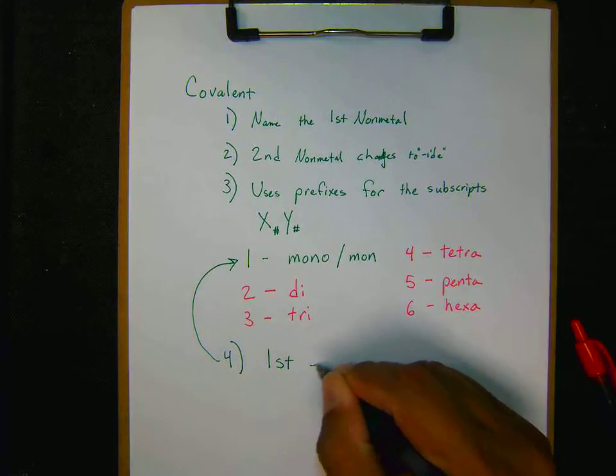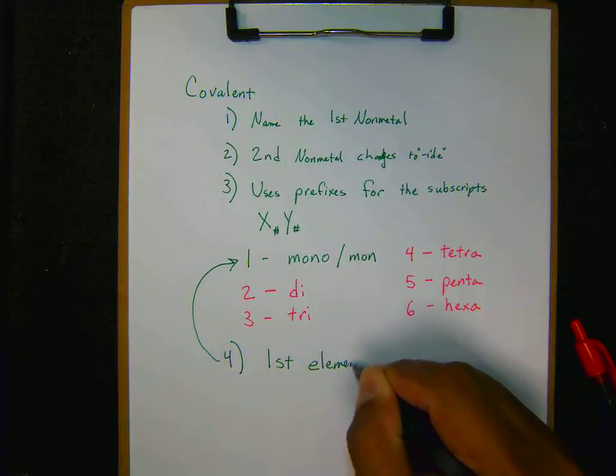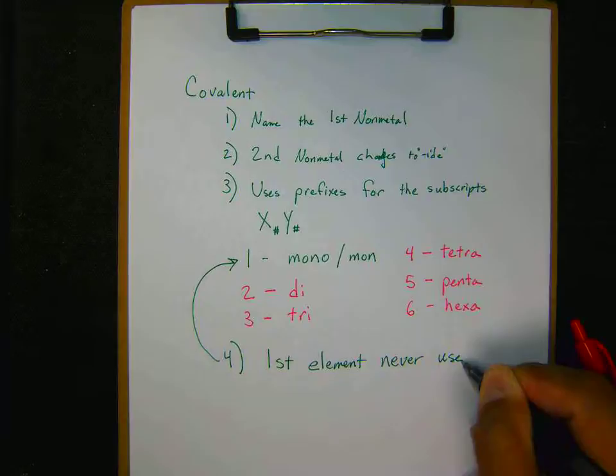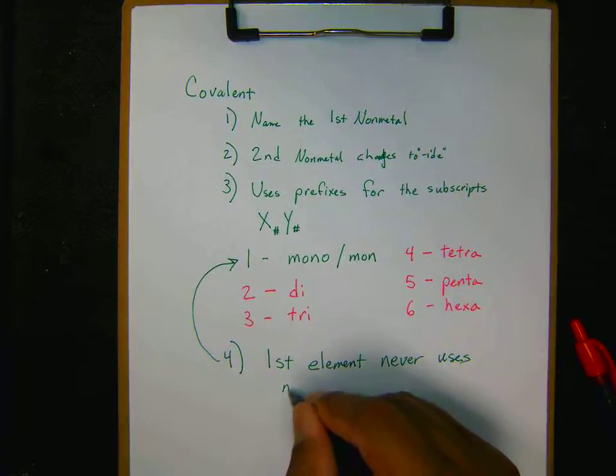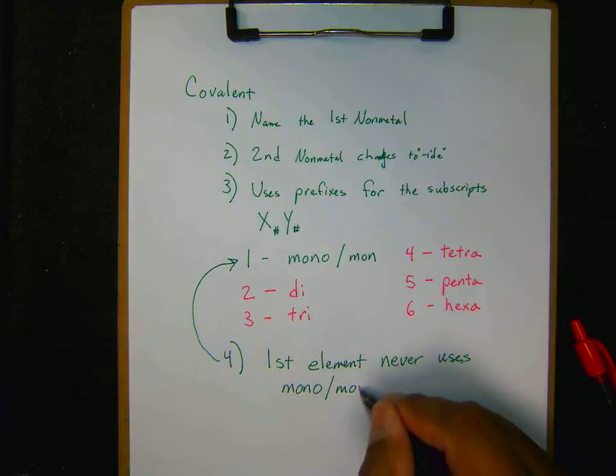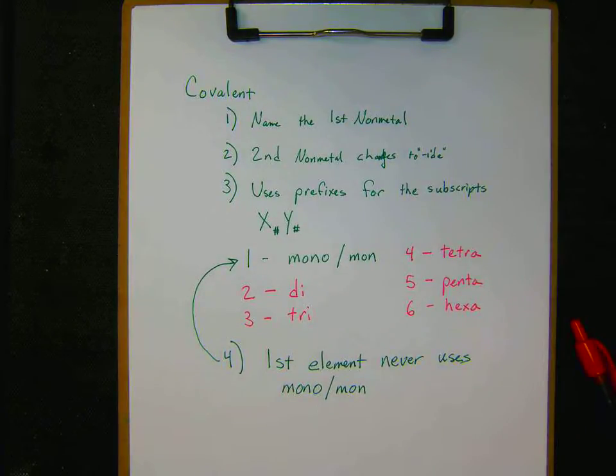The first element never uses mono or mon. Just the first one. The second one uses it. The first one can use di, the first one you can use tri, but it never uses mono or mon. Okay? I forgot about that rule.